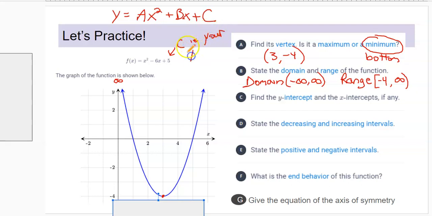Because if this graph kept going, we'd be up here somewhere, and it appears to be that it would be 5. So your y-intercept in this case is 0, 5. And if they don't show it on the graph, you need to get it from the equation. It is your constant. The x-intercepts are 1, 0, and 5, 0.